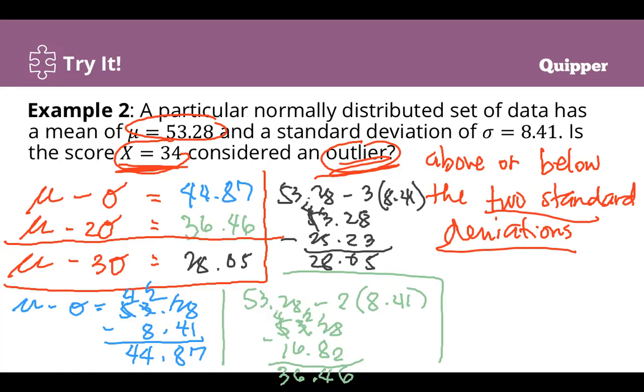So, since mas mababa yung score natin, mas mababa siya doon sa pangalawa natin, that means this is considered as an outlier. So the answer here is yes. Okay? So is the score 34 considered an outlier? The answer is yes. It's because of our solution just like this. Okay? Easy. Easy, right?